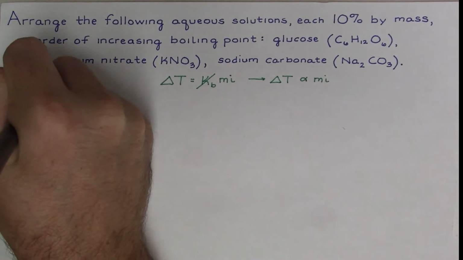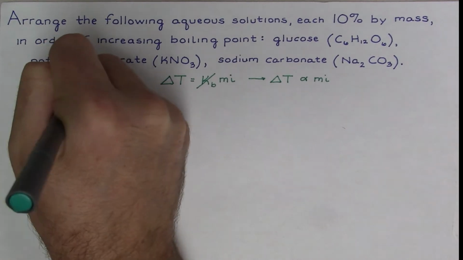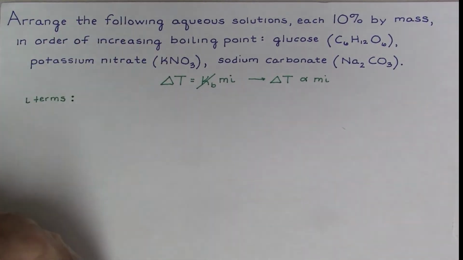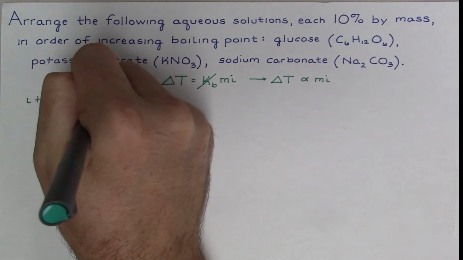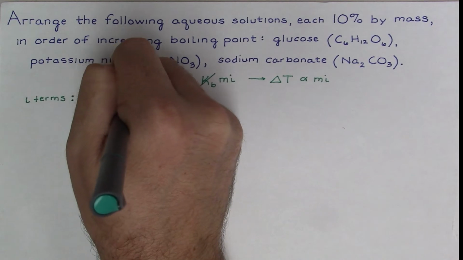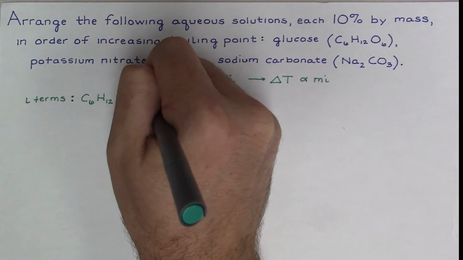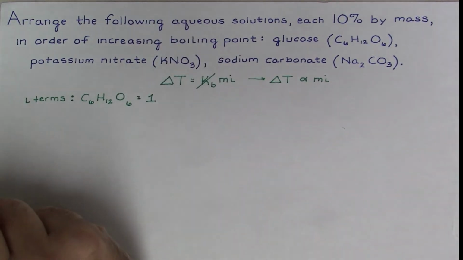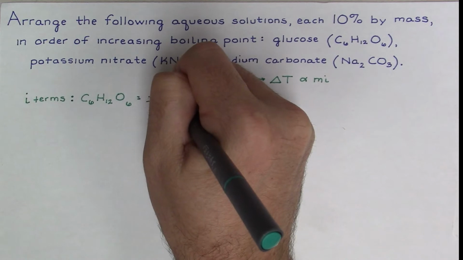So the first thing that we want to do is look at the Van't Hoff factor for all three of our solutes. Our glucose is a non-dissociating solute. It stays as one particle. So our C6H12O6 will have an i term of 1. For our potassium nitrate, this is a soluble salt.